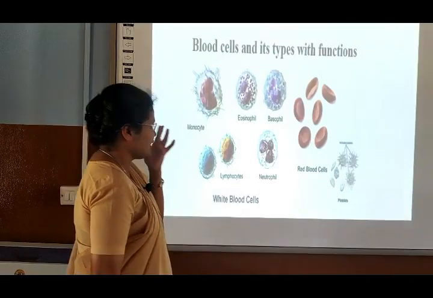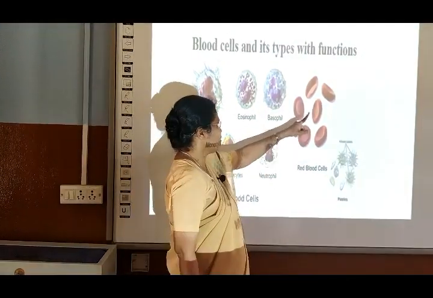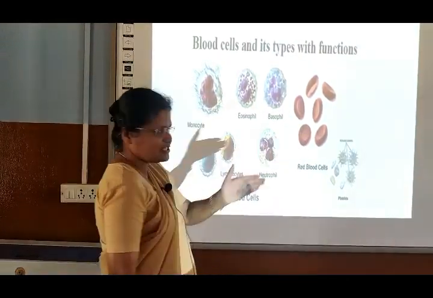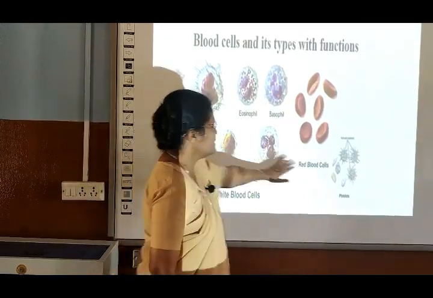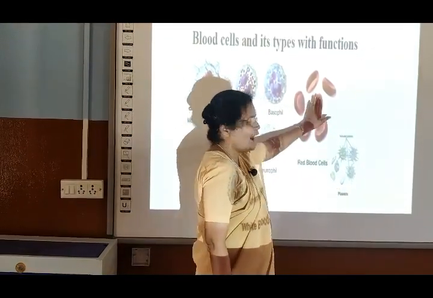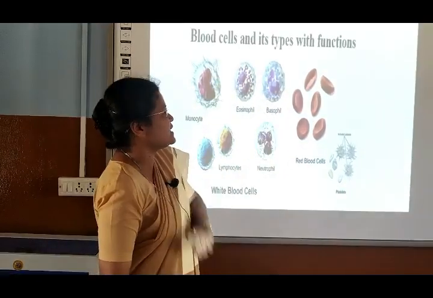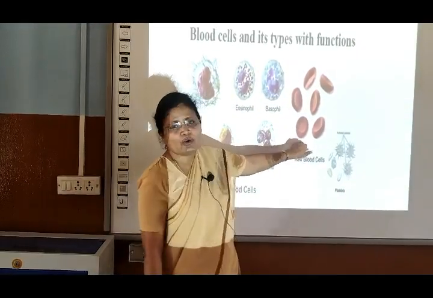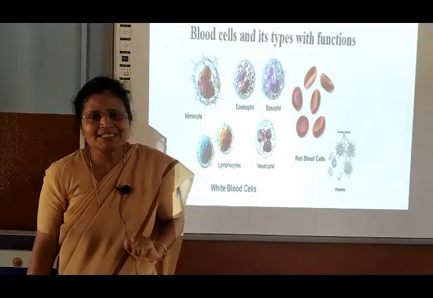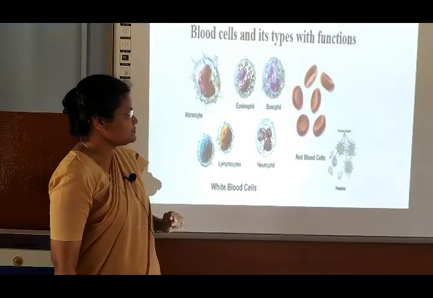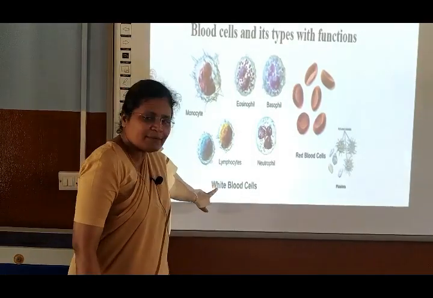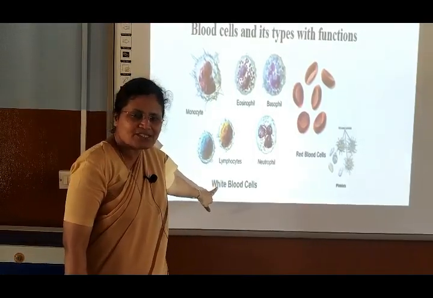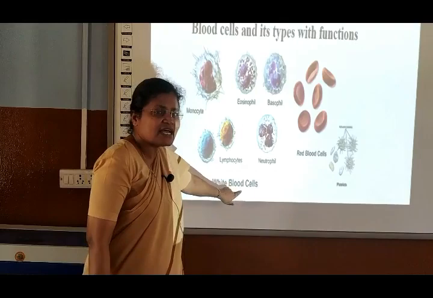Look at the diagram nicely. RBC, WBC and your blood platelets. RBC is also known as erythrocytes because it is red in color. Erythro means red, cytes means cells. White means leuco, so white blood cells are also known as leukocytes.